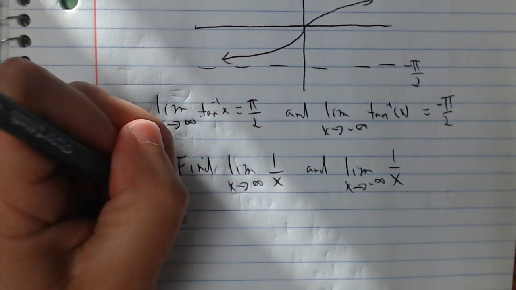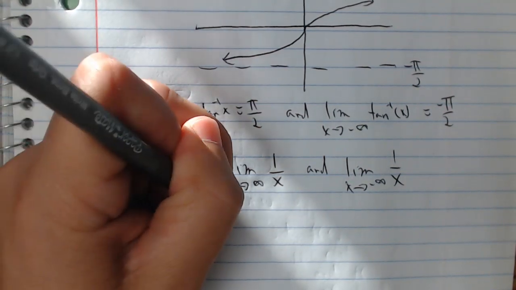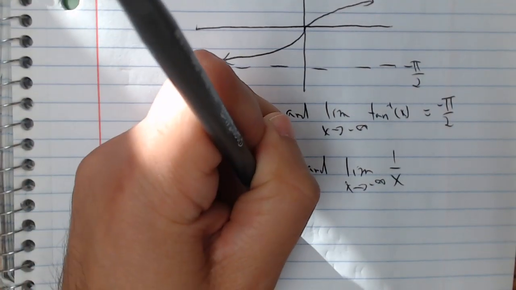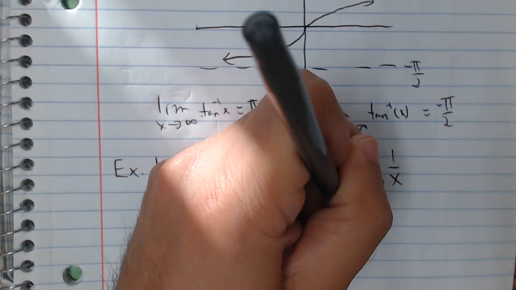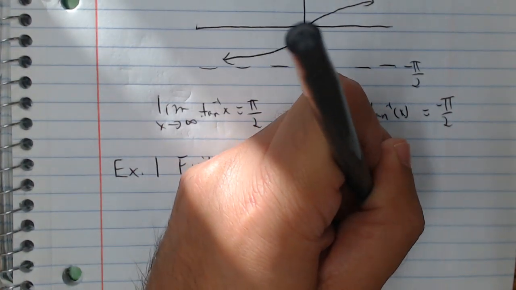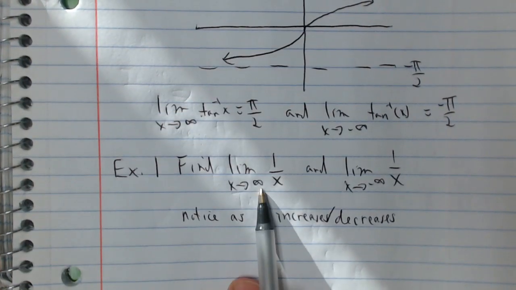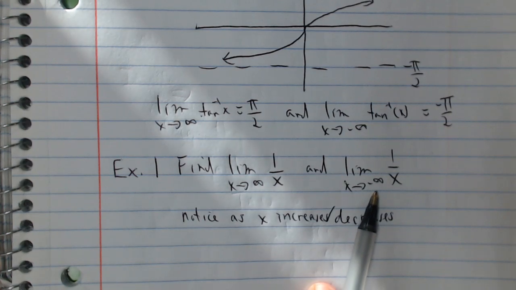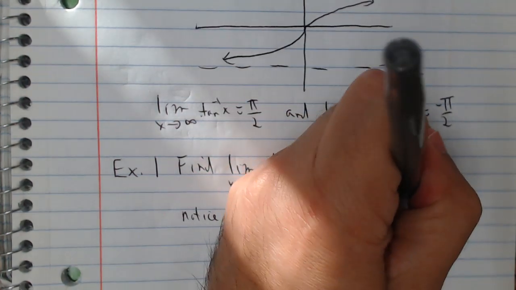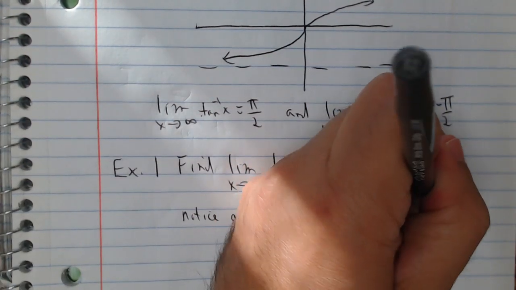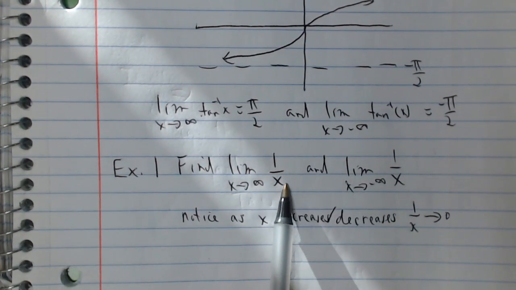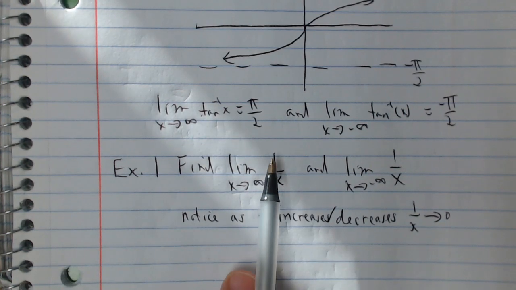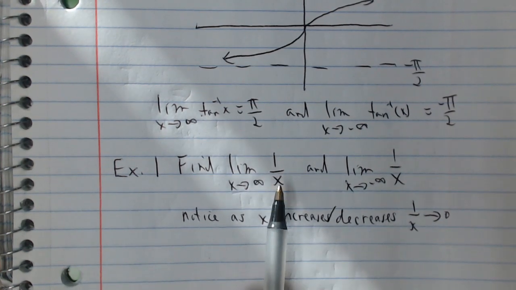Notice as x increases or even decreases, so in this case x is increasing, in this case x is decreasing, 1 over x actually goes to 0, because when your denominator becomes larger and larger, 1 over a larger number becomes smaller.